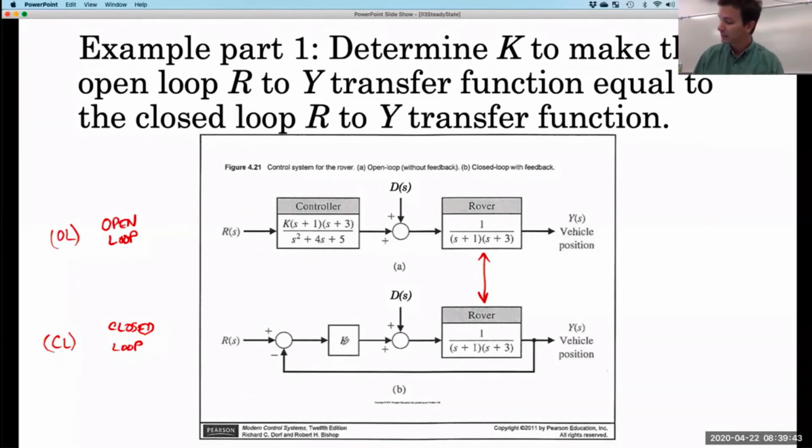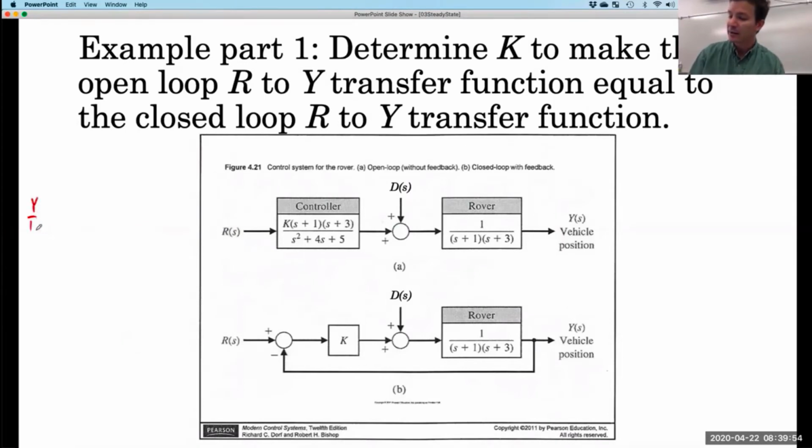So let's clear that. So the transfer function from R to Y in the open loop case. So what am I going to do with this disturbance signal here? If I want the transfer function from R to Y, what should I do with capital D?